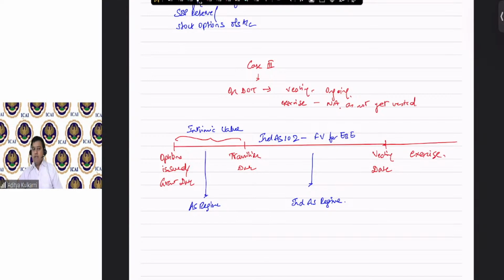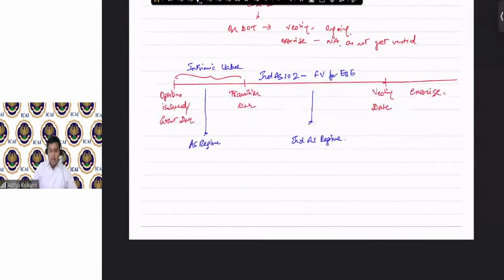Okay, so case 3. Will a relief be provided or not is the question. I got only 3 answers. Some people are saying should be provided. Some people are saying should not be provided. All right. Fine. Good.